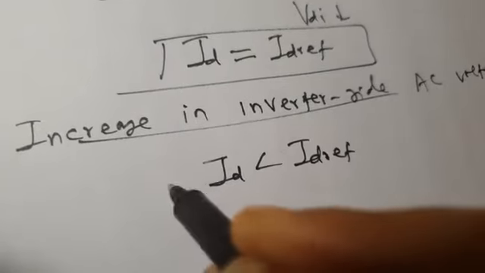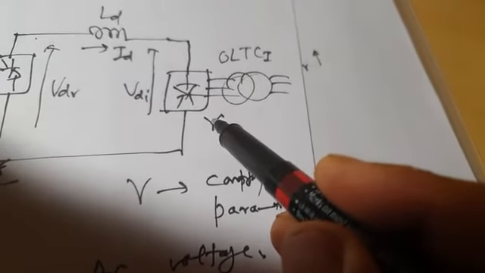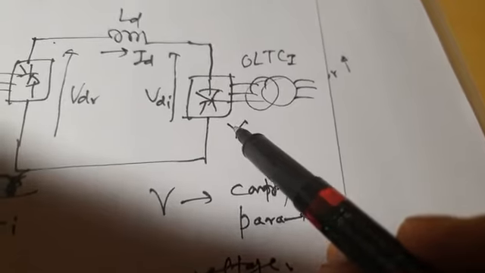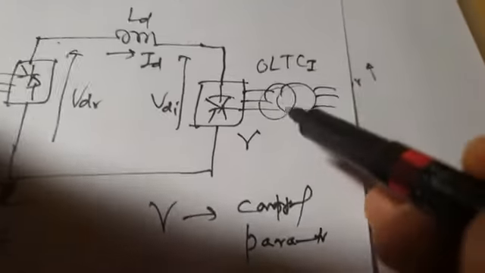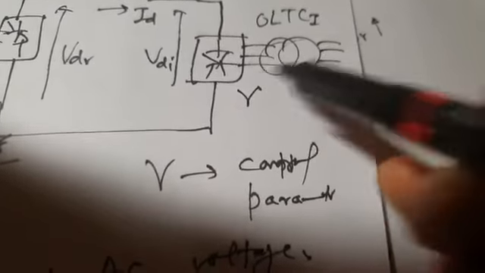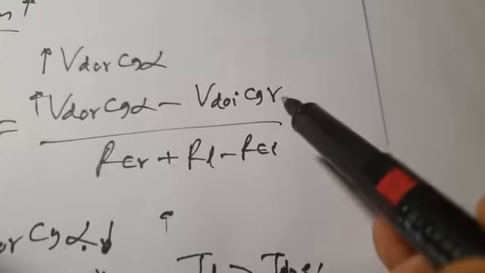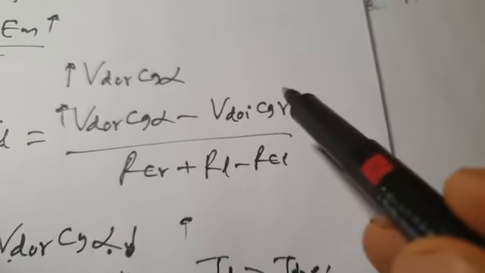Now your controller has to operate. What will your controller do? Your controller can decrease gamma. If it decreases gamma, cos gamma increases. It has to increase gamma. If it increases gamma, cos gamma decreases, and since there was an increase in VDOI cos gamma, it will bring VDOI cos gamma to a normal value.